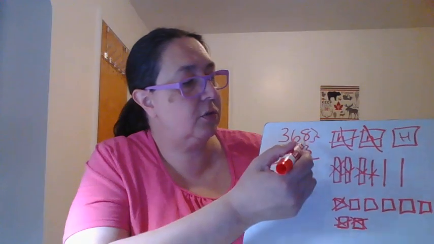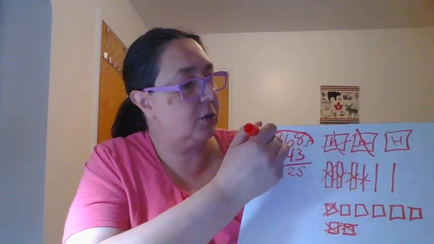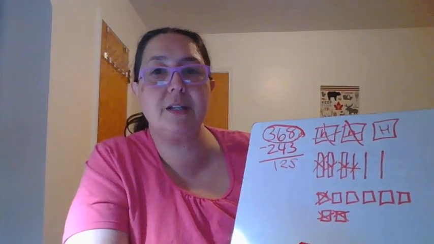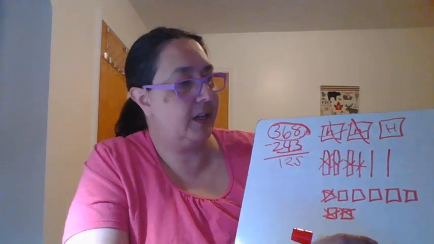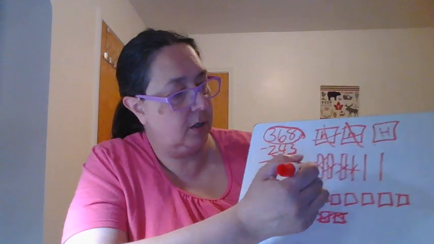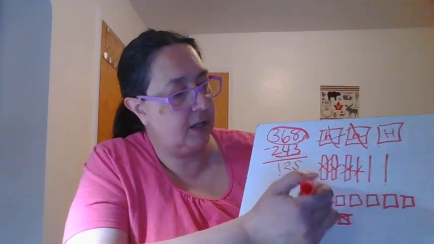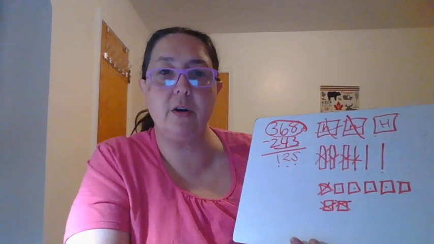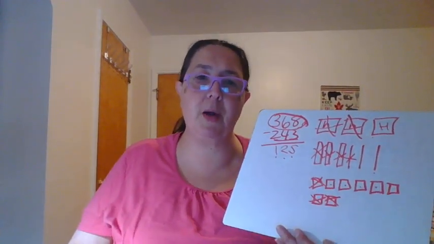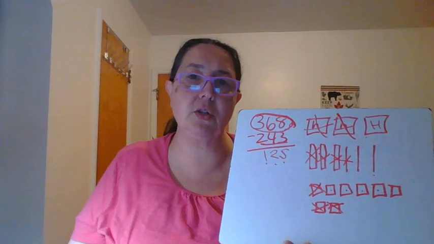I only drew enough blocks to show this number, and now I'm crossing out this number. What is left over is my answer. There's 100, which is here. I have 2 tens, which are here, and I have 1, 2, 3, 4, 5 ones, which are here. So if you're going to draw a picture, this is the way you need to draw it using the base 10 blocks. Hopefully that makes sense, and that is something that you can do.